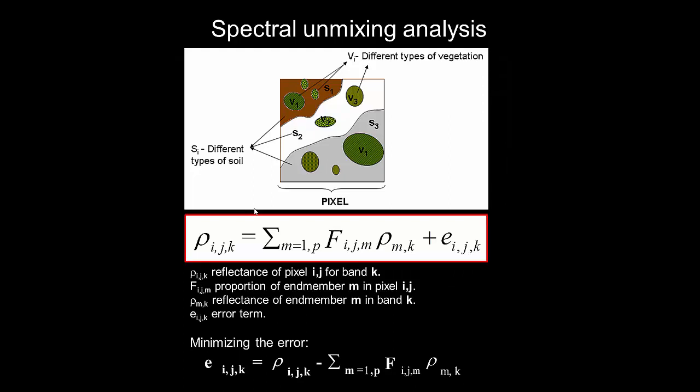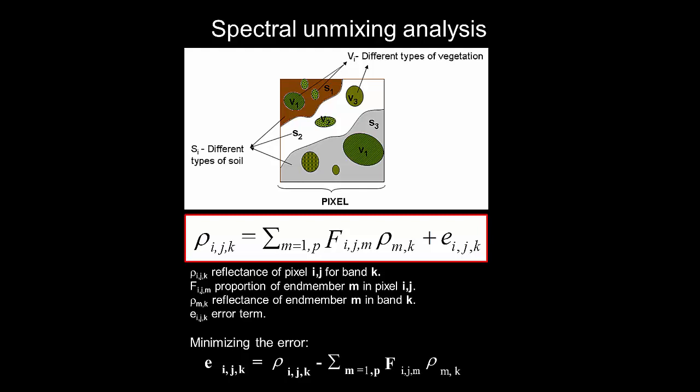So this theory assumes that every pixel is always a mixture of different land cover types, and it is really a linear spectral mixture of its land cover types. Linear spectral mixing is a standard technique for spectral mixture analysis that infers a set of pure spectral signatures called endmembers and the fractions of these endmembers, called abundances, in each pixel of a scene.